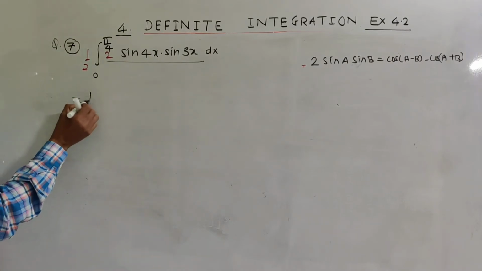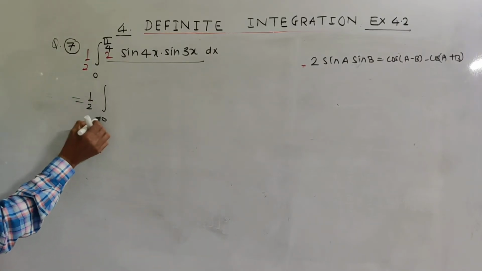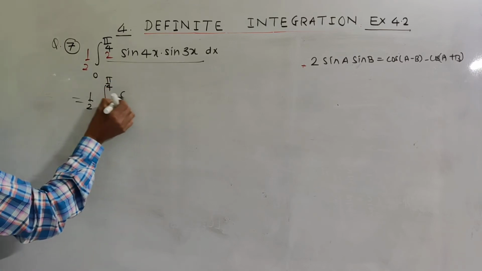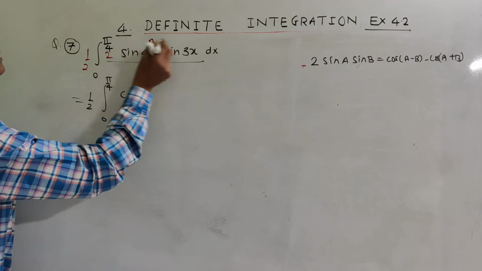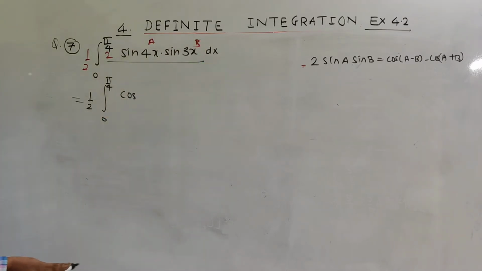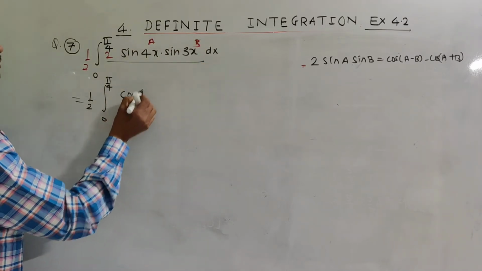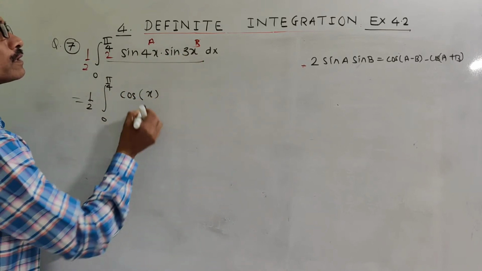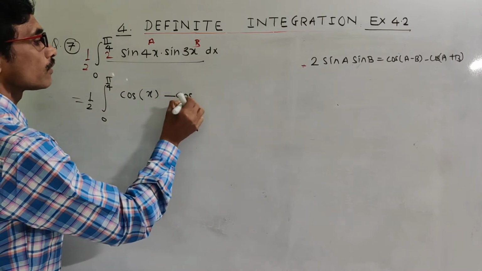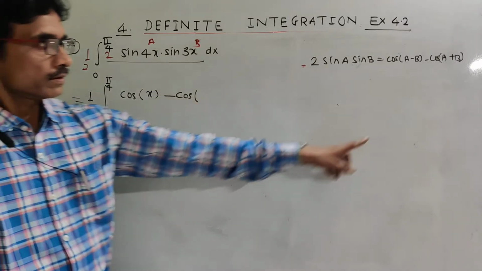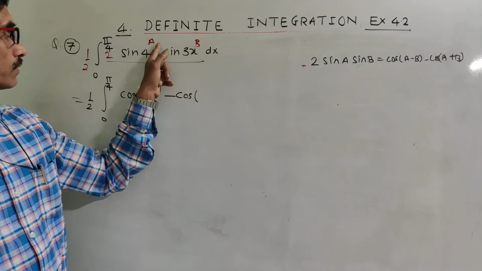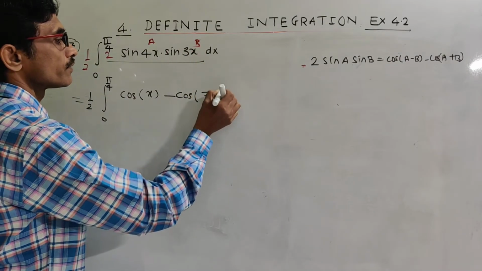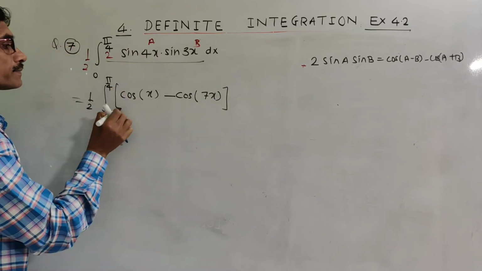So which is 1 by 2 integral 0 to pi by 4 of cos of A minus B, where this is A and this is B, so cos of A minus B means 4x minus 3x, that is x, minus cos of A plus B, so A plus B means 4x plus 3x, 7x, dx.